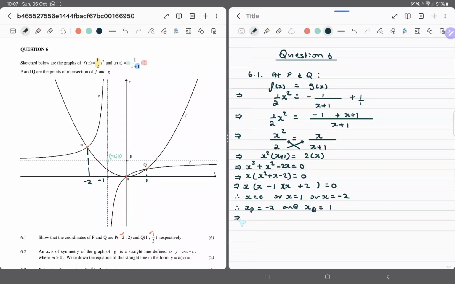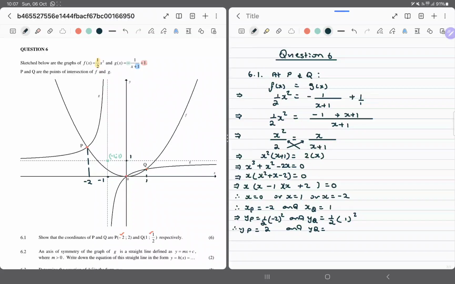This implies that y at P, we can use the parabola to substitute. Therefore, y at P is going to be, this is 4 divided by 2, it's 2.